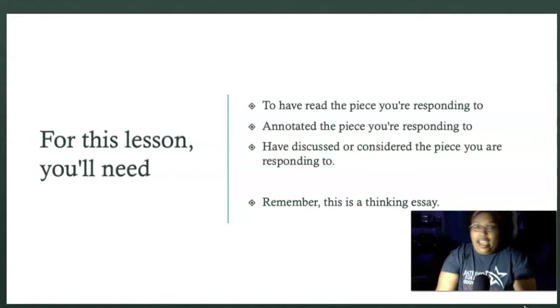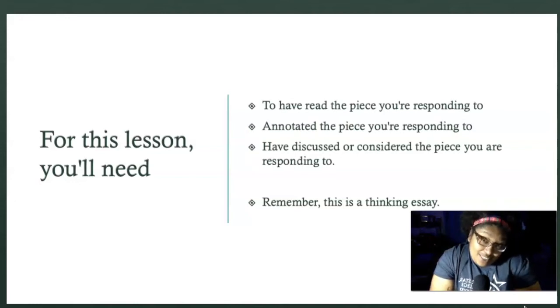So you're going to have that piece, and you're going to have annotated that piece or be in the process of annotating that piece. And annotation is just a fancy word to say notes. You want to take notes on your piece. You're going to want to see it a couple times, of course, but you're going to want to take notes.